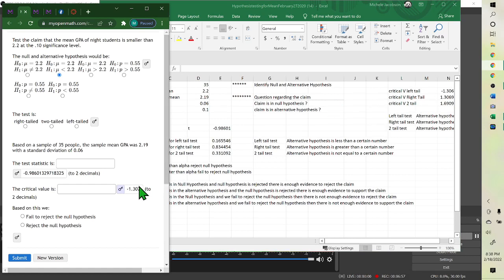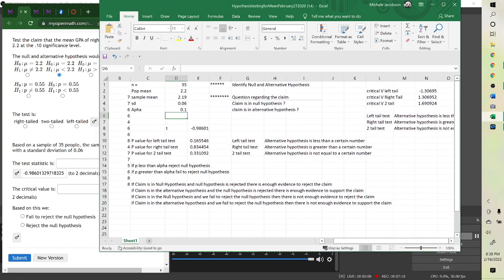Sorry, the critical values. And it was two-tailed, -1.307, which would be this one. Right here, because it was a two-tail. Oh no, this was the less than. So it's the -1.307.